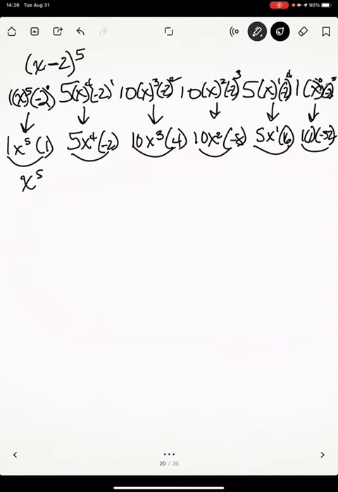Then next one we've got is 5 times -2, which is -10x to the 4th. 10 times 4, both positive, is +40x to the 3rd. 10 times -8 becomes -80x to the 2nd. 5 times 16 is +80 because it was both positives. And then 1 times -32 is going to be -32. All right? And so that's our final answer.